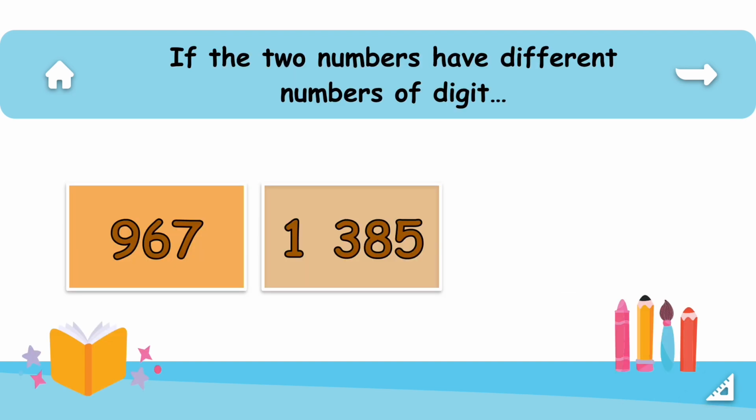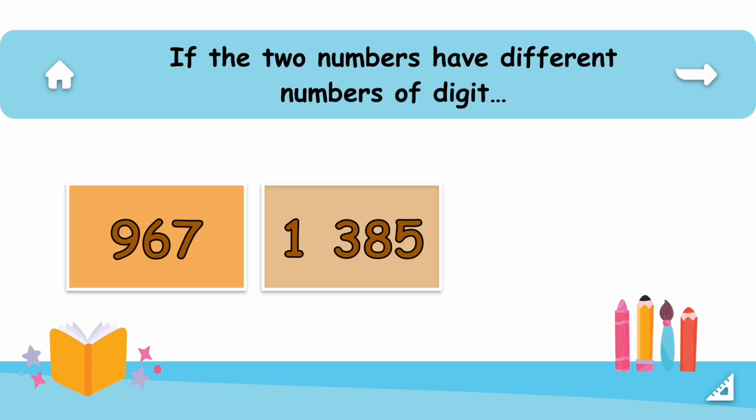We have two numbers here. The first one is 967 and the second number is 1385. To compare these two numbers, we need to look at the digits that make up the numbers. The first number is made up of 3 digits only, which are 9, 6 and 7.